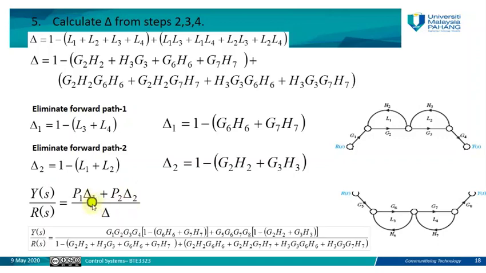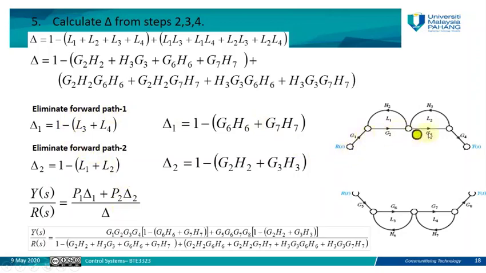In order to find delta 1, we need the gain of the loops non-touching forward path number 1. To find delta 2, we need the loops non-touching forward path number 2.